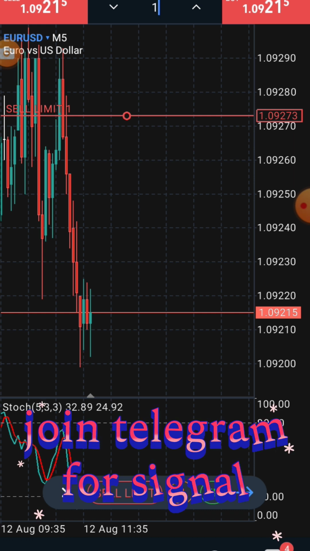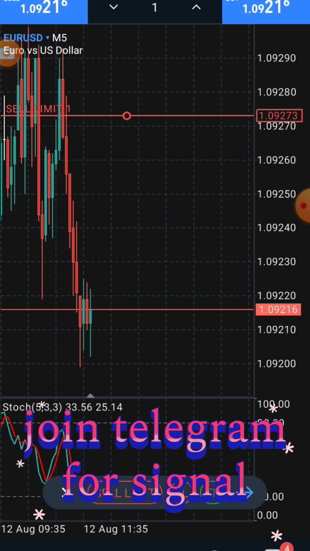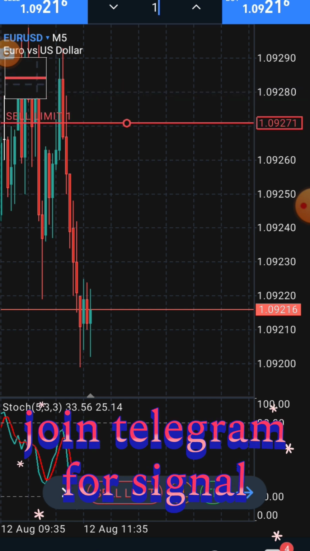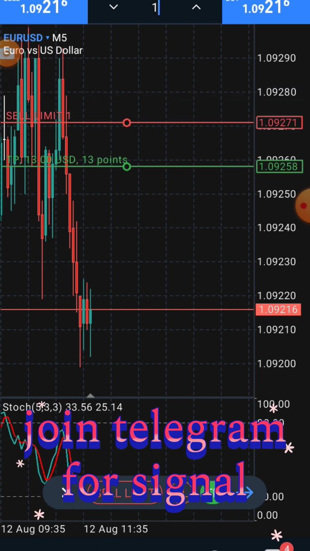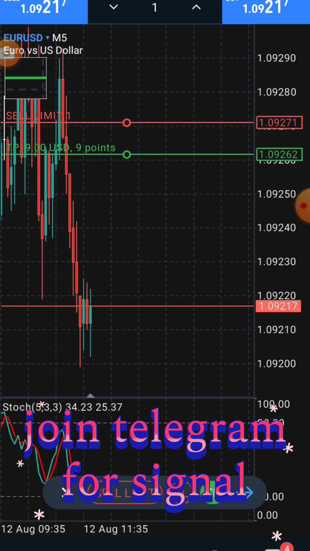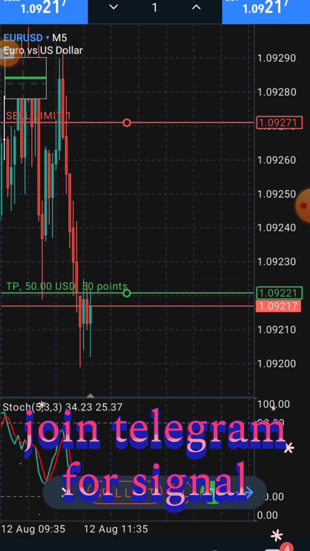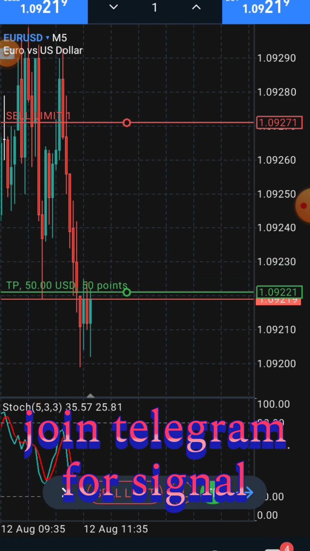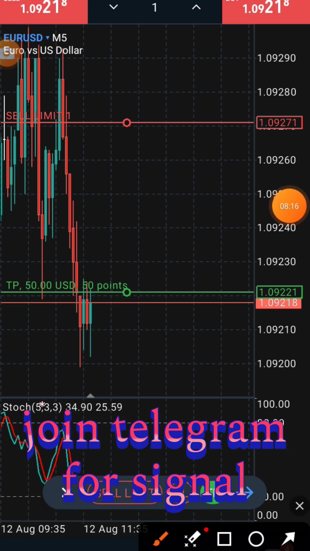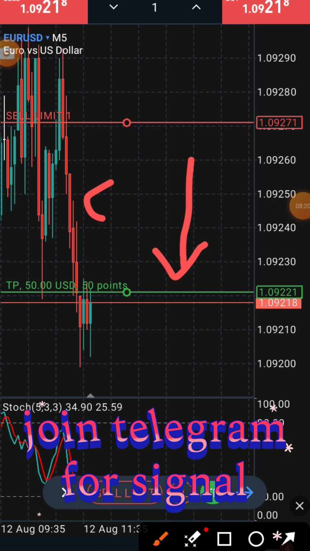So suppose you sell here and you book profit here which is equal to $50, which means the price movement from here to here is 5 pips.